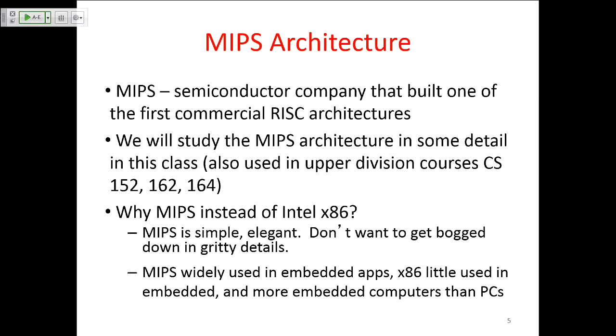And if you look at the number of devices that run RISC-like instructions today, it basically outnumbers the x86 platform significantly. If you look at the latest ARM 64-bit architecture, it's making a pivot even closer to the MIPS instruction style. So it's a very, very useful instruction set to learn.